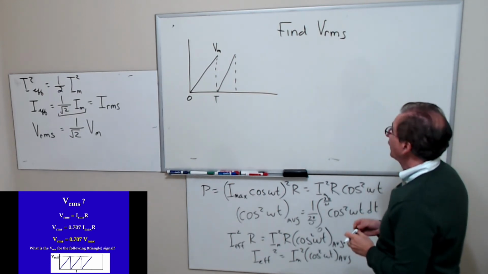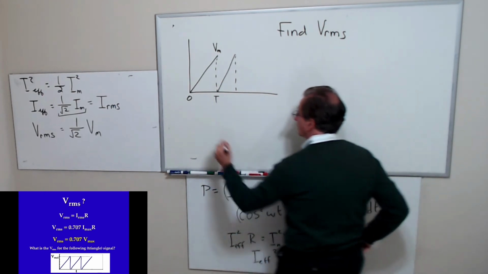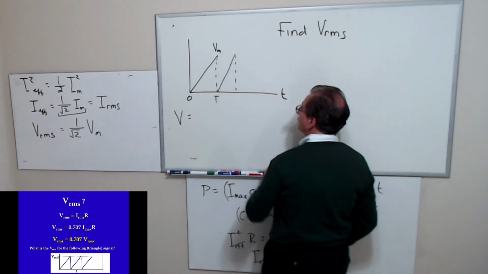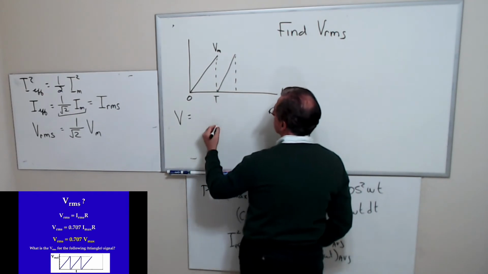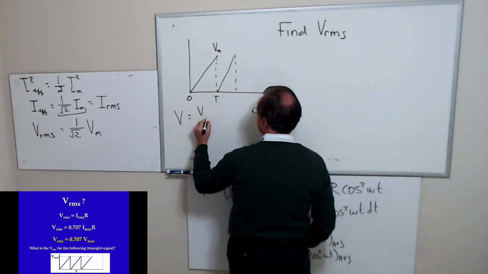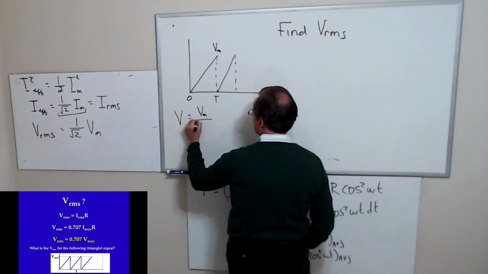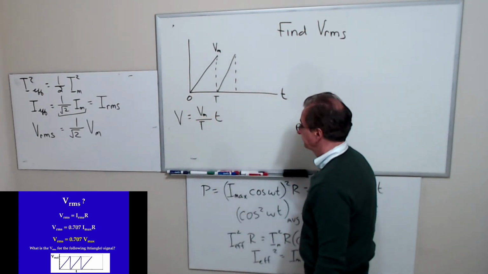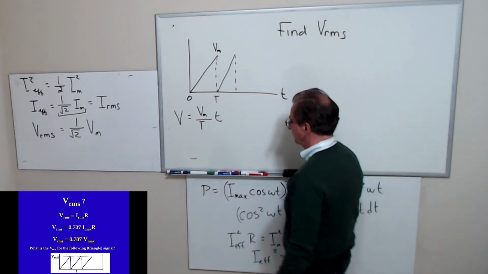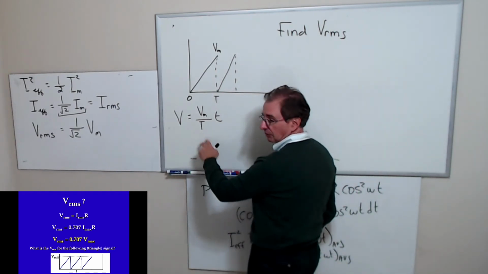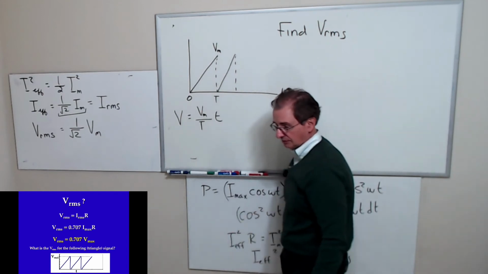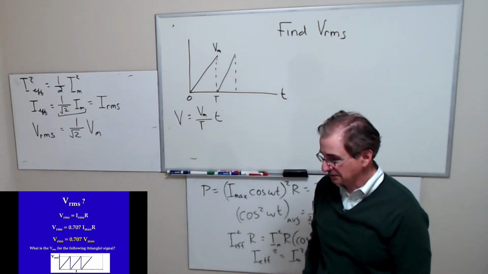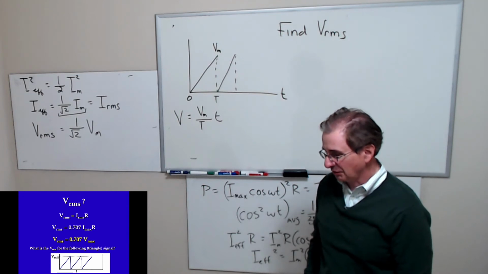So I need to figure out what V is. How do I write V? Do you all agree that I can write V in the following way, the slope times time? Any objections or questions?